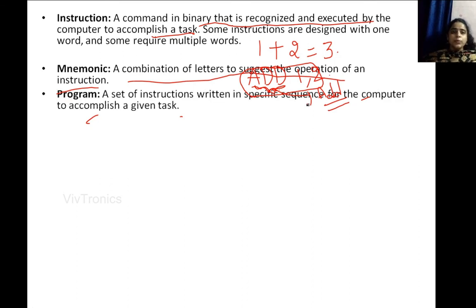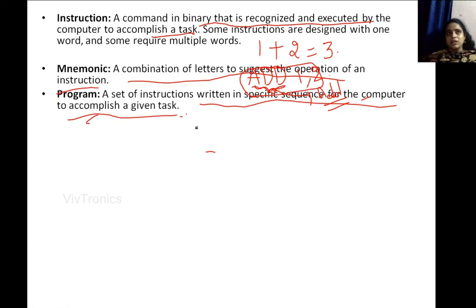A program is nothing but a set of instructions written in a specific sequence for the computer to accomplish a given task. So a program is a set of instructions, one by one, written in a specific sequence for the computer to finish the task.